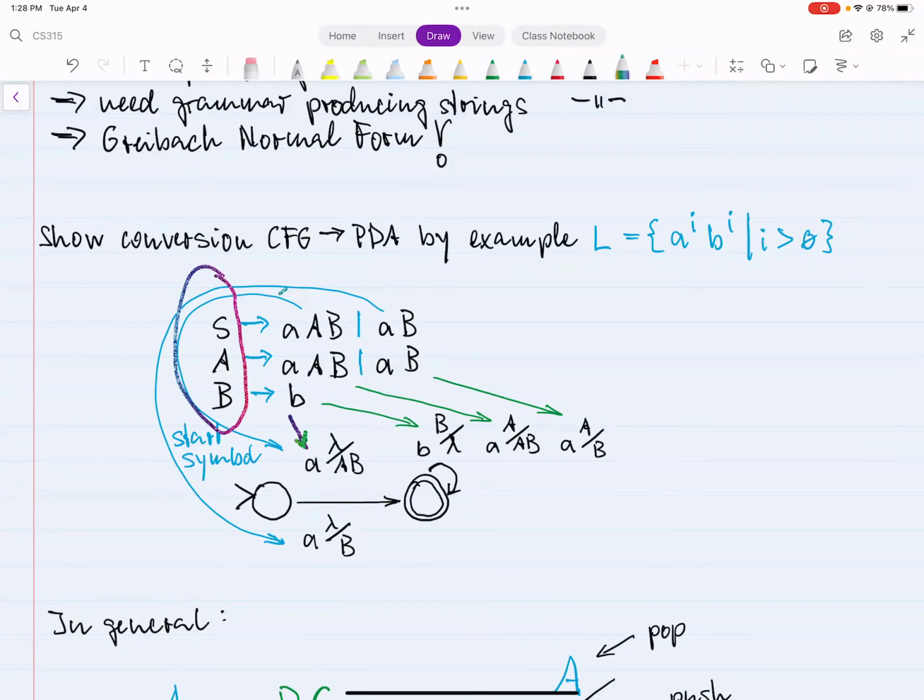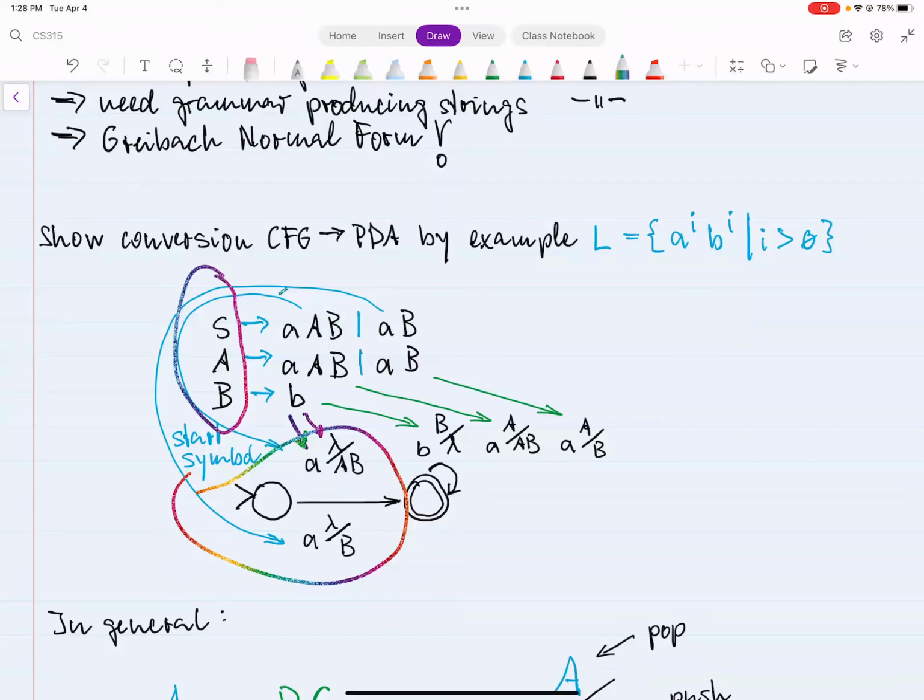Okay. So in a way, these PDAs that result from a direct translation of the Greibach normal form basically look the same way. That first transition that is being done is for the start symbol. Because it's a start symbol, in the beginning, we don't pop an S here.